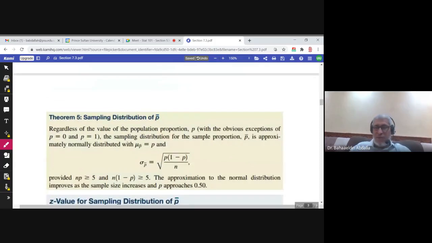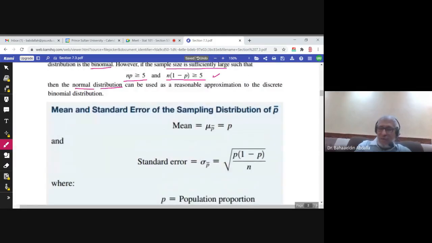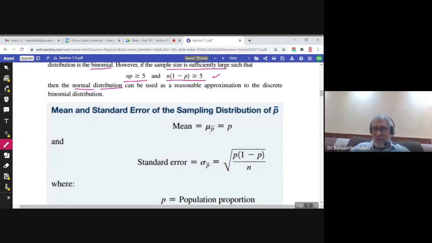that regardless of the value of P, which is the population proportion. Of course, P is not 0 and is not 1. It's a number between 0 and 1 in this case. The sampling distribution of P bar is approximately normal, with mu P bar equal to P. So what is the mean of P bar?